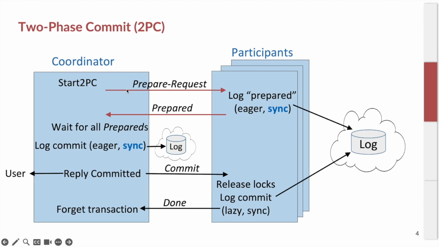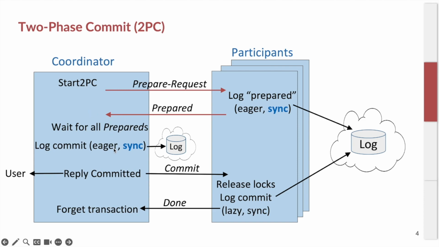In the first phase, the coordinator sends a prepare request to each participant. On receiving the prepare request, each participant flushes the transaction's updates and locks prepared in the storage. After that, it replies to the coordinator that it is prepared.